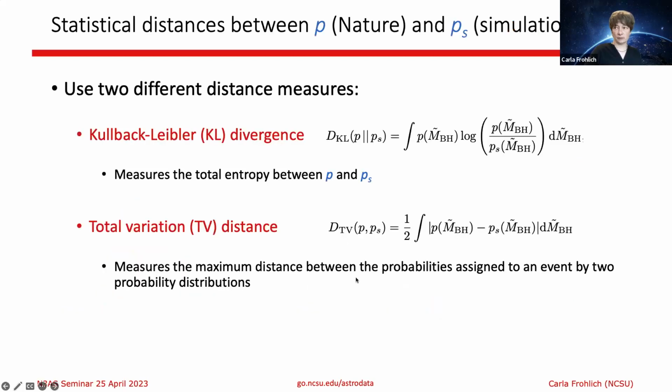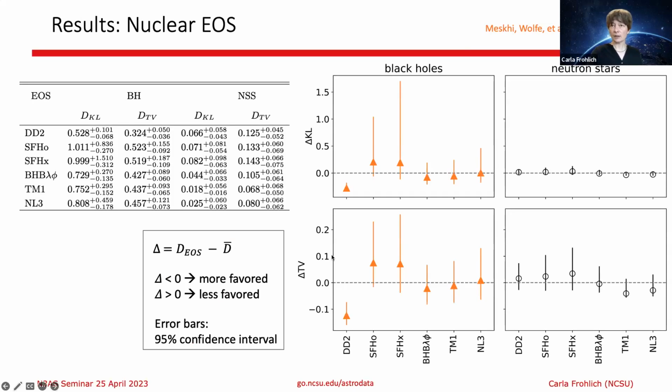We then applied two different distance measures, the KL divergence and the TV distance, to quantitatively measure the distance between the observed and the simulated distributions. And so in the top left of this slide, I have a table that has the actual numbers for black holes and neutron stars, in each case for both the measures that we used.